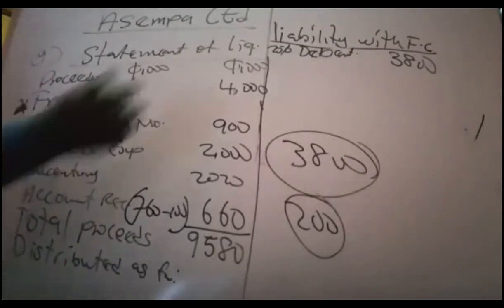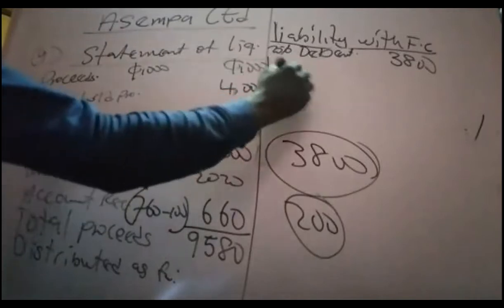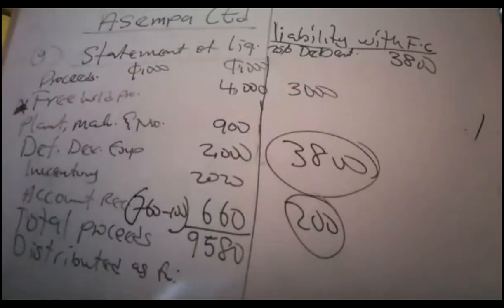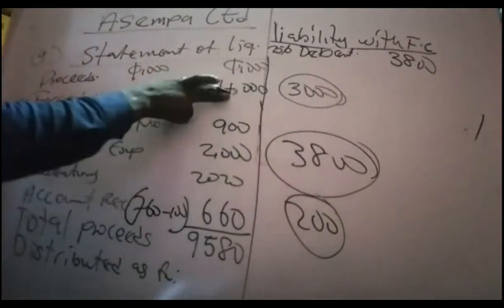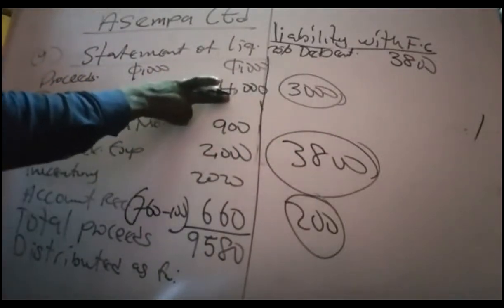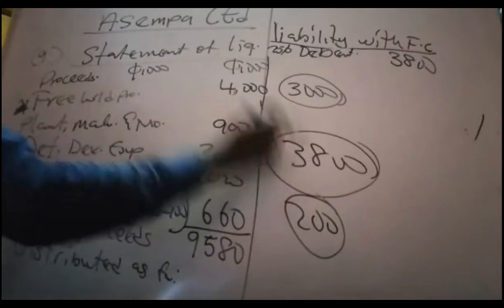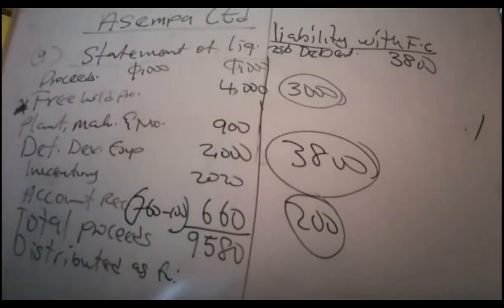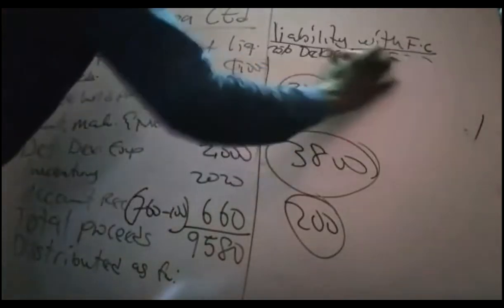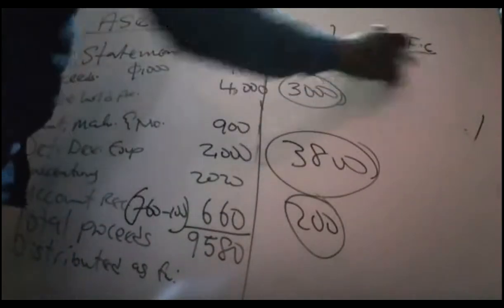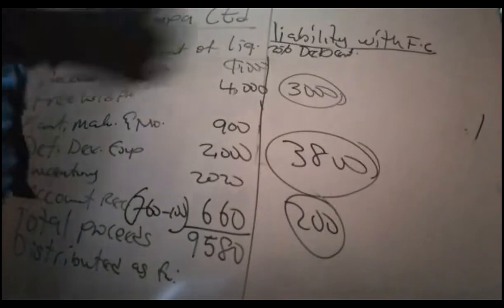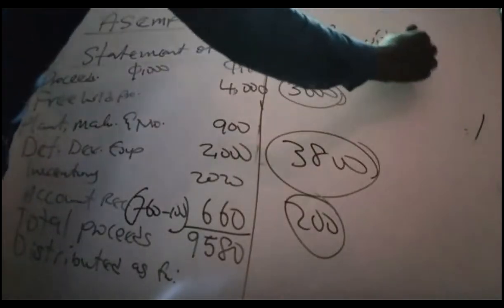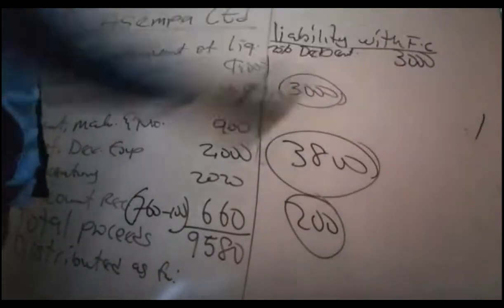However, assuming that this one was sold for 3,000, then the money from the sale of the collateral is not enough to pay the loan of 3,800. Like our first example, we got 3,000 because we had only 3,000.